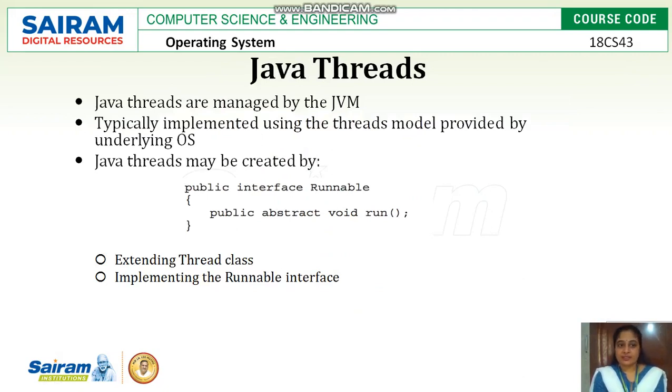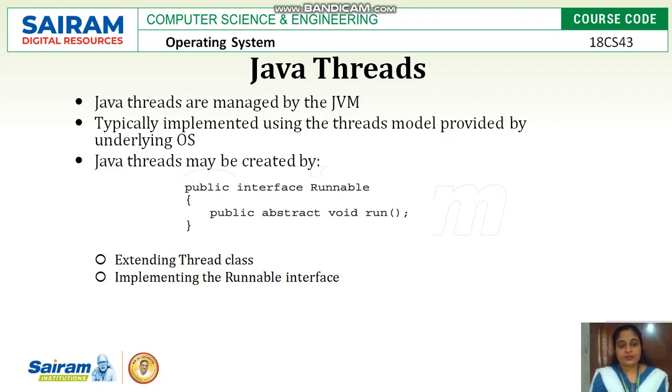Coming to the Java multi-threaded concept, Java threads are managed by the Java virtual machine itself, unlike operating system threads, which are typically implemented using the thread model provided by the underlying OS. So whatever OS you use, it will support the multi-threaded concept, but Java has its own multi-threading. The operating system only gives the platform to execute, but Java threads are created by its own virtual machine.